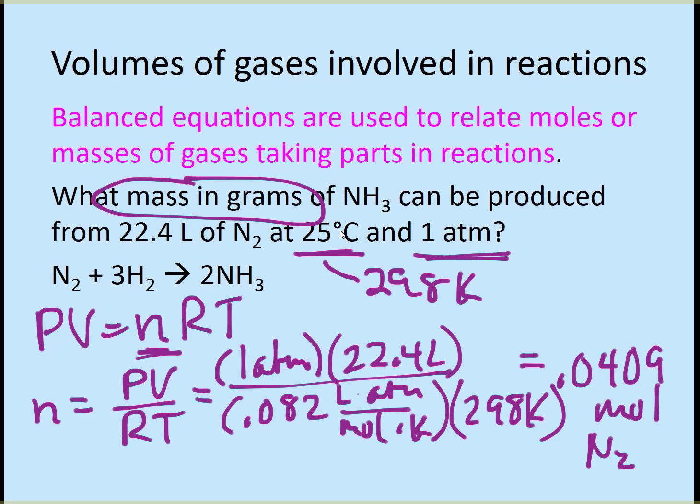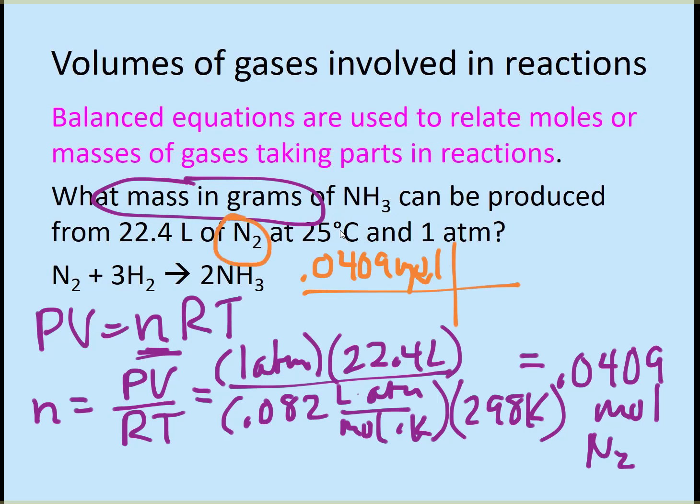So now it's just a matter of looking at our balanced equation. And I'm just going to clear up some room here so I have some room to write. We're going to look at our balanced equation, and I'm going to change that to grams. So this is nitrogen that we've been working with. So let's go ahead and use our balanced equation. For every 1 mole of nitrogen, I have 2 moles of ammonia.